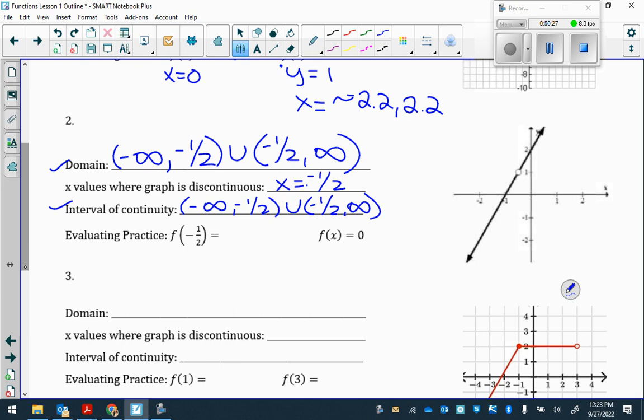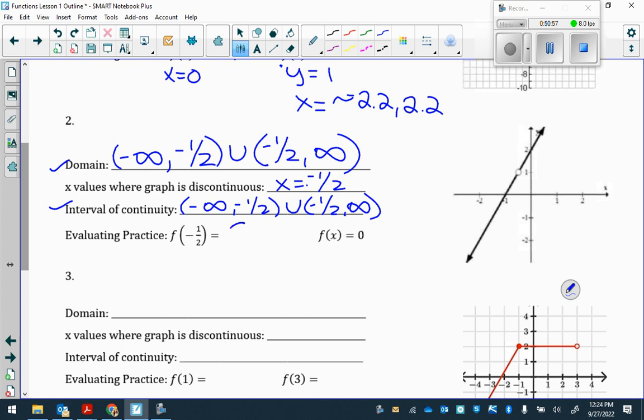All right, so f of -1/2. Careful. There's an open circle, right? Would there be a value of y if there's an open circle?